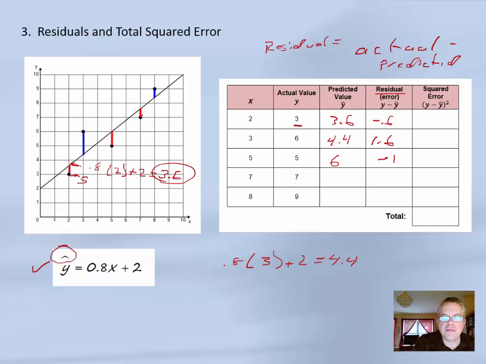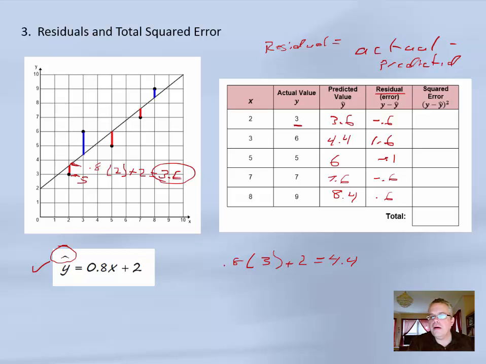When we put in 7, we see that the error is going to be negative, and it's going to be less, in size, in between 0 and -1. So when we put in 7, we get 7.6. And 7 minus 7.6 is -0.6. And finally, when we put in 8, the last data value, we get 8.4 for our predicted value. And 9 minus 8.4 is 0.6.